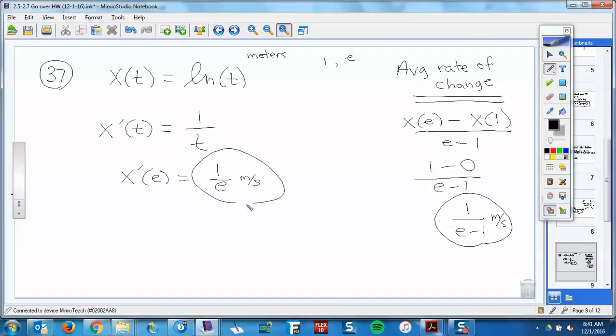So there are your answers to 37. It's not a tough concept, it's really pretty easy when you look at it, but you've got to understand the terminology. Average rate of change means slope between 2 points. They gave you the 2 points, it's meters over seconds. And of course, the derivative is meters per second. So we do the derivative, we get that.